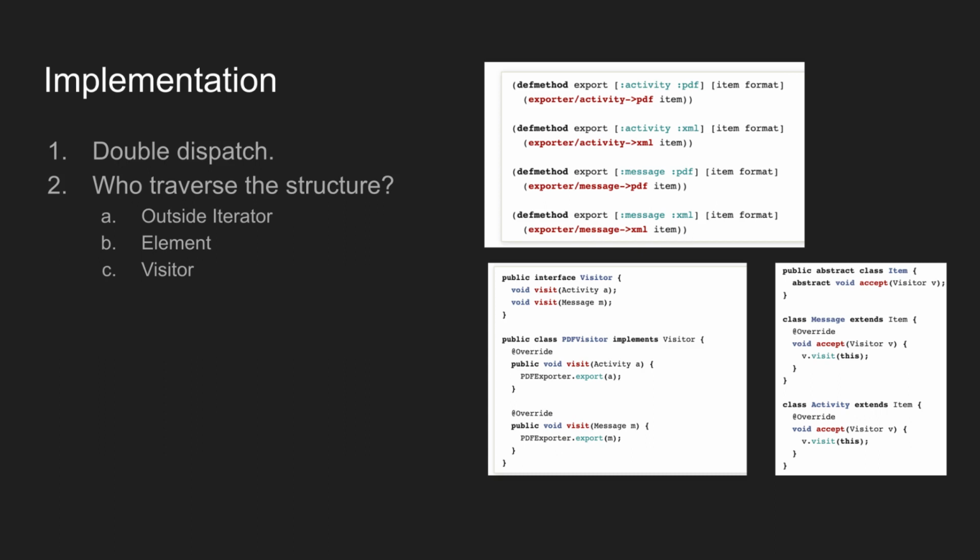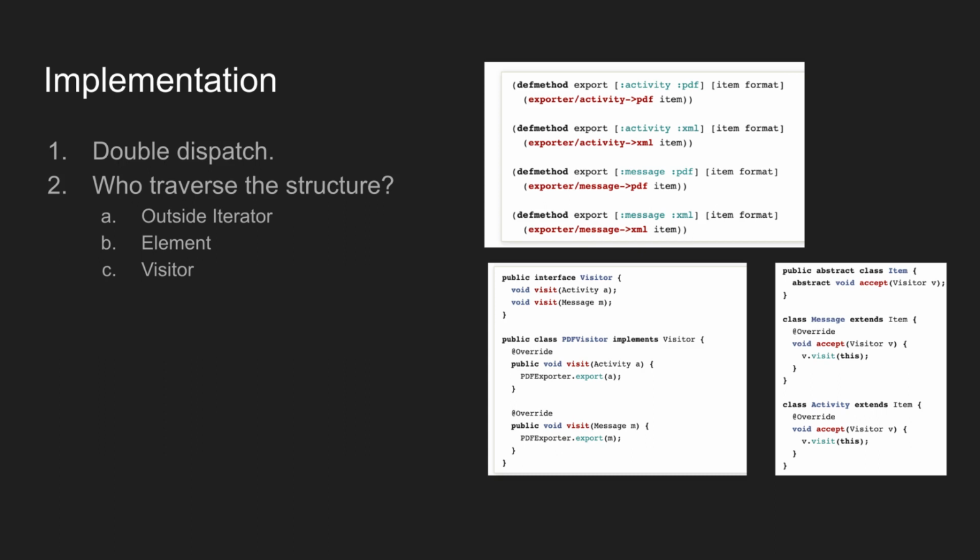But in languages like Java, where you only have single dispatch available, what you would have to do is create a visit function for each of these items. So suppose here you can take a look at the example: you have an item class and then you have message and activity which extend the item.